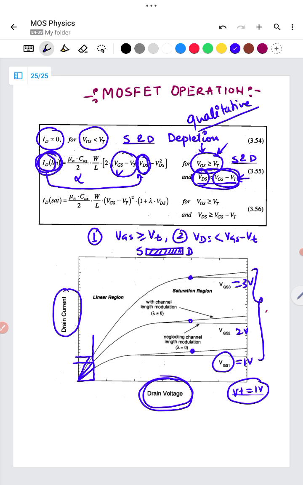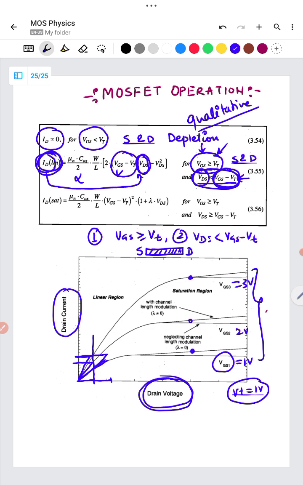But if you further increase the voltage, with the same increment in VDS, you don't see the same increment in ID. ID is less. Why is ID less? Because earlier VDS was very small compared to VGS minus VT. Now since VDS is increasing, it is approaching VGS minus VT.